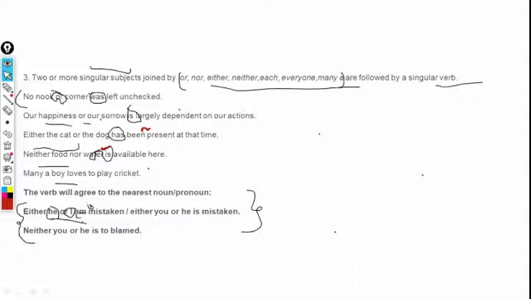We won't write either you or he are mistaken, because with you we usually write are. But you have to check very carefully whatever verb you are including, and while you are correcting the errors, that is the most important point. The verb will agree to the nearest noun or pronoun. This is very very important.